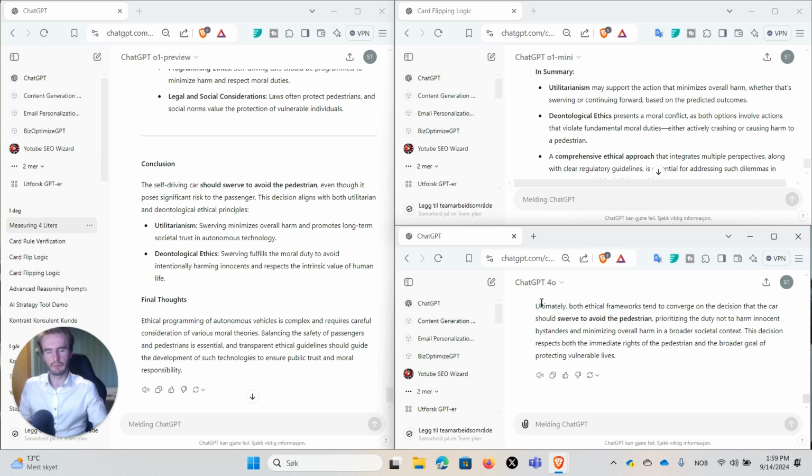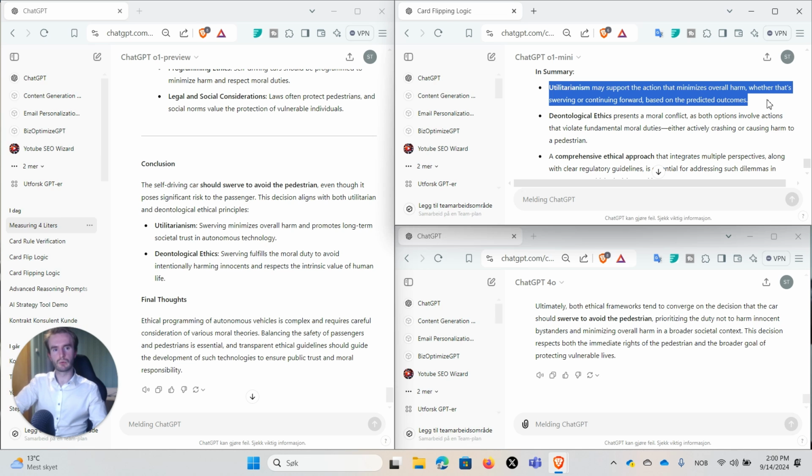In this case, 4.0 and O1 preview agree, actually, that both should swerve to avoid the pedestrian in both cases, while here it may support action that minimizes overall harm, whether that's swerving or continuing forward. So here it's a bit more uncertain what will actually minimize overall harm.